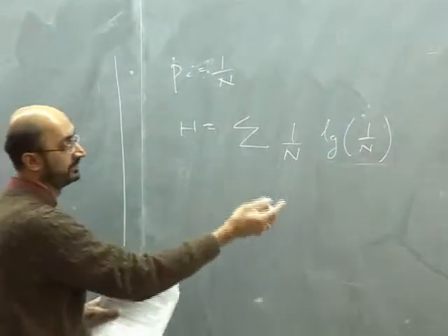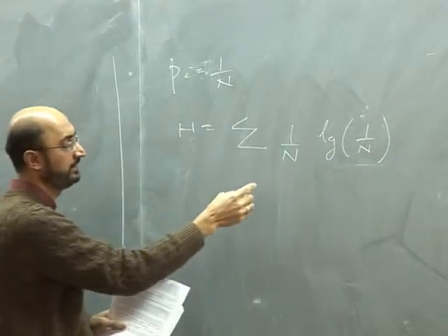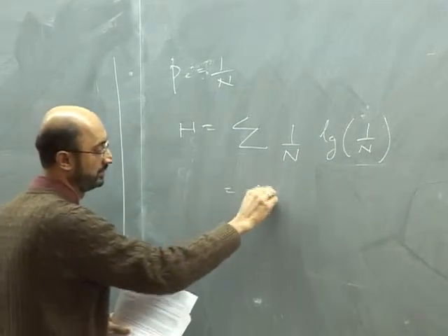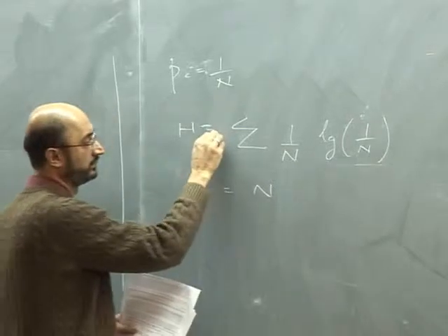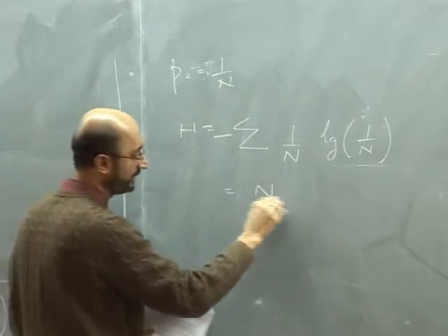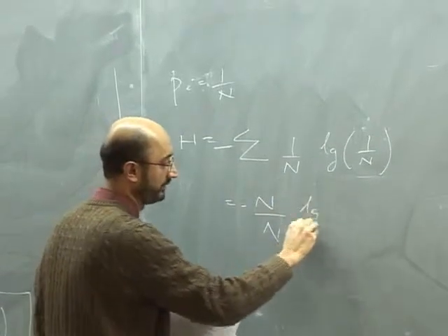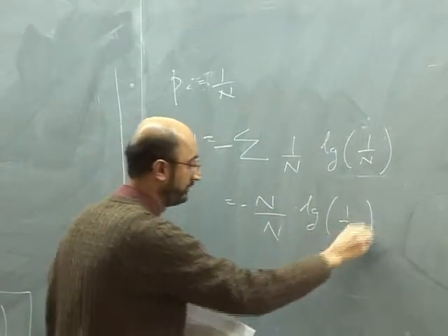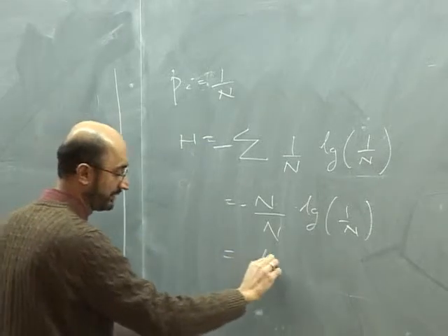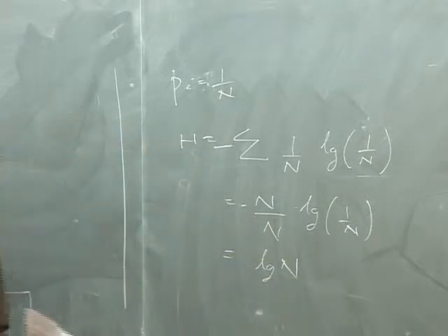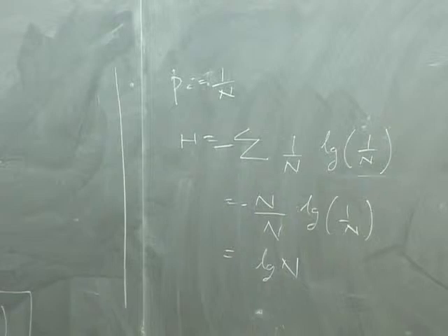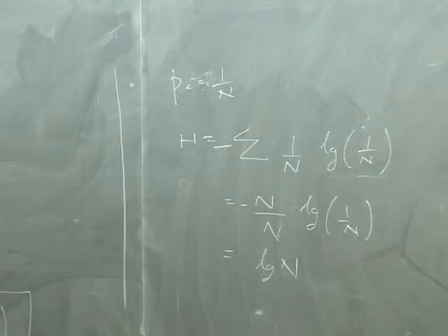This is a constant, so it's going to be n times 1 over n, minus n over n log of 1 over n, which turns out to be nothing more than log of n. So when it's equiprobable, this definition and that definition are the same, when p sub i is 1 over n. Any questions about this so far?